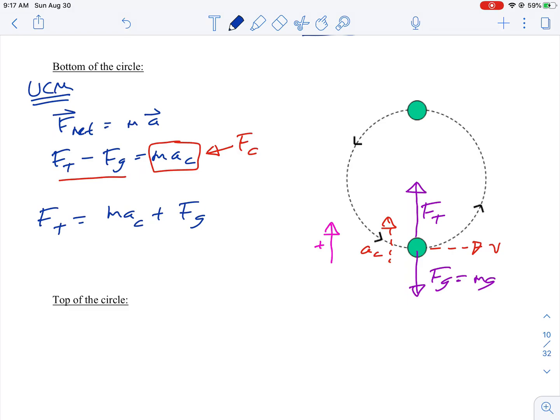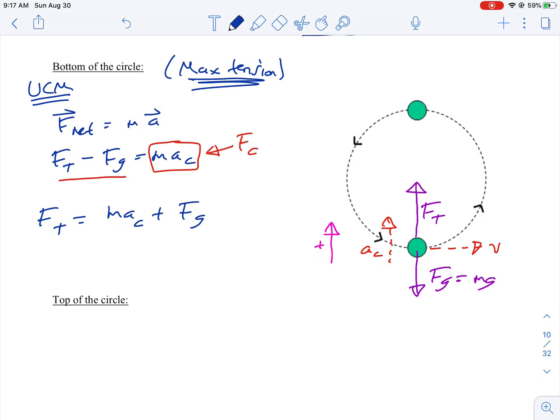It turns out at the bottom of the circle is where you have maximum tension. It's really important you understand that. That's where the string or rod is most likely to break. Good? So that's the bottom of the circle. That's how we analyze it.